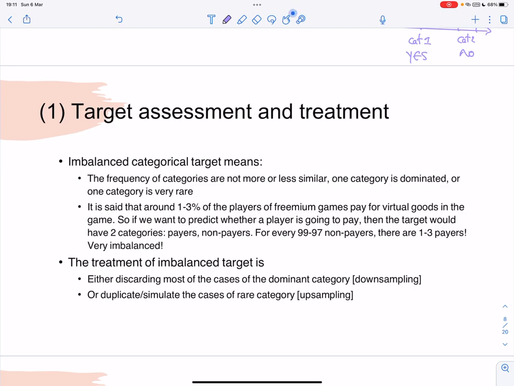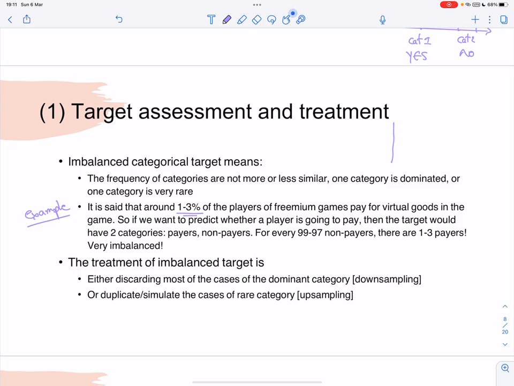So imbalanced categorical target means the frequency of categories are not more or less similar. One category is dominant or one category is very scarce or rare. Around 1 to 3% is an example actually. In freemium games, the games that you can play for free and they earn their money selling virtual goods, actually 1 to 3% of the players pay for virtual goods in the game.